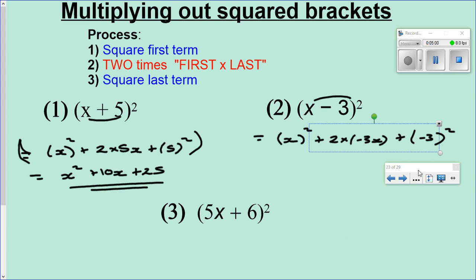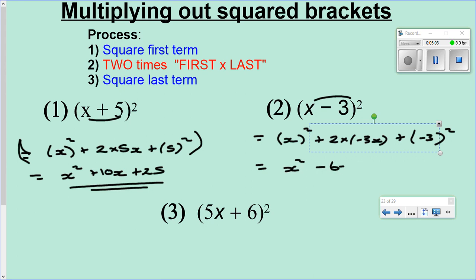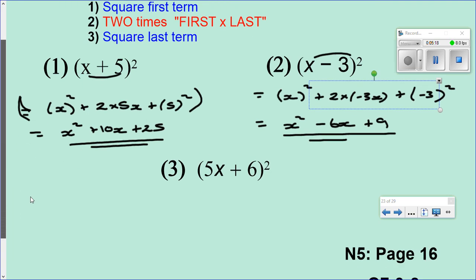Now notice this 3, I've kept the negative with it. It's always the sign in front that stays with your value or with your term, so we'll keep that there. So then we'll have x squared minus 6x. Now here we have to be careful. Minus 3 all squared is positive 9. So it's x squared minus 6x plus 9.